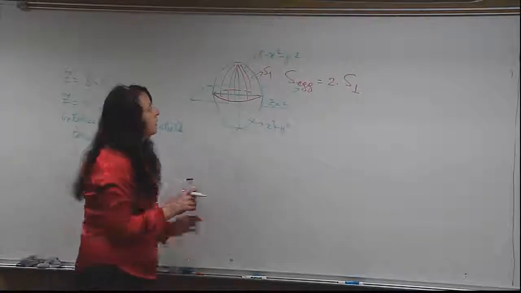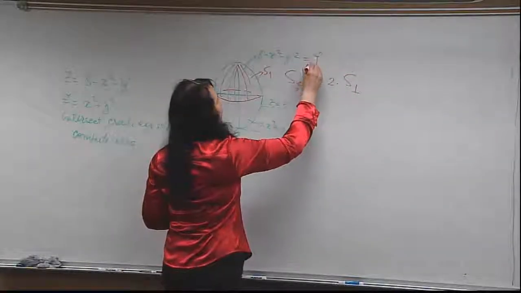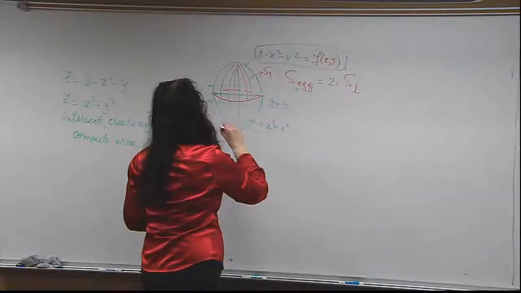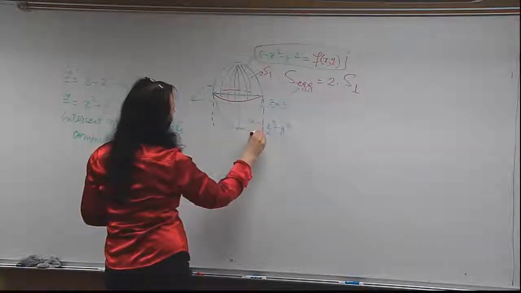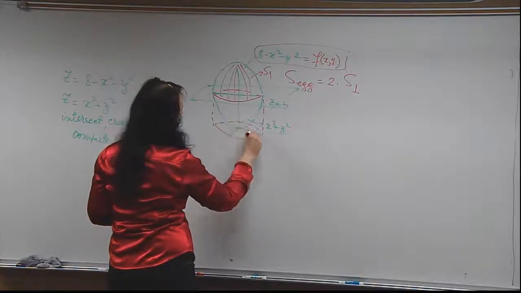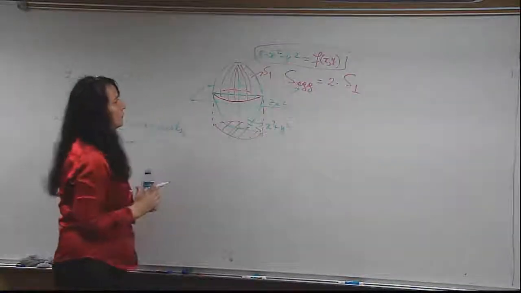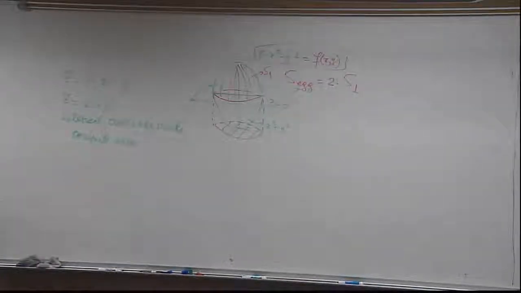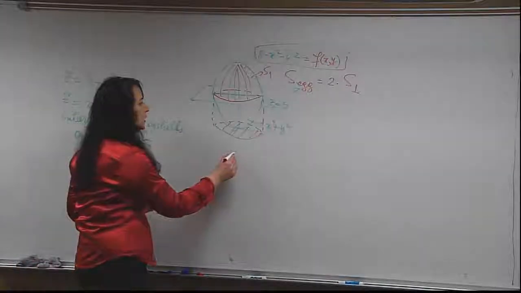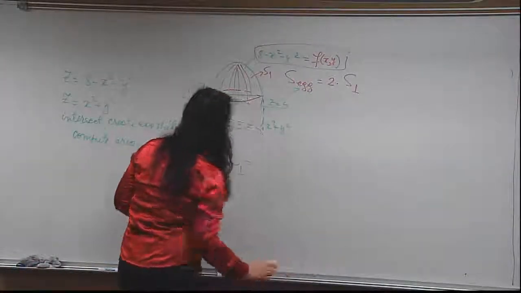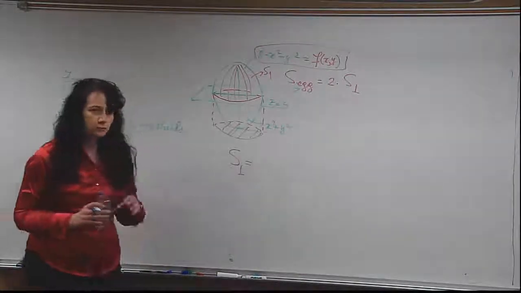I only need the shadow of it and the expression of it. The shadow of this is this. And the expression shouldn't be hard. So I'm going to start asking you to tell me what to write.